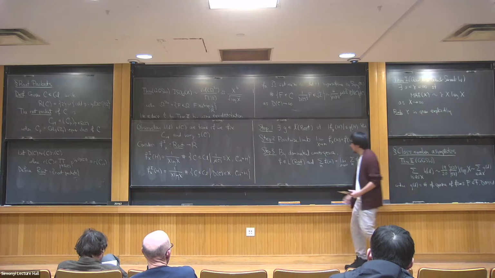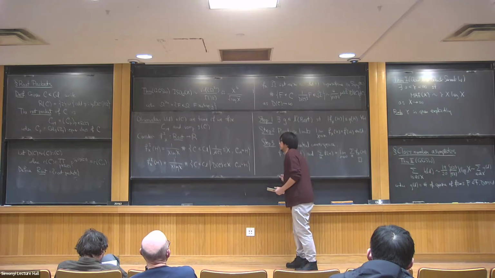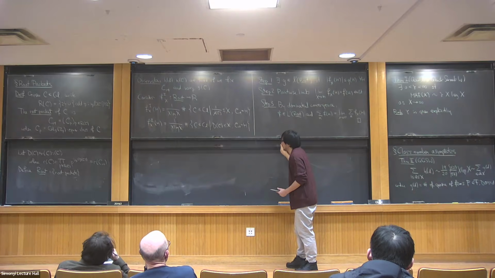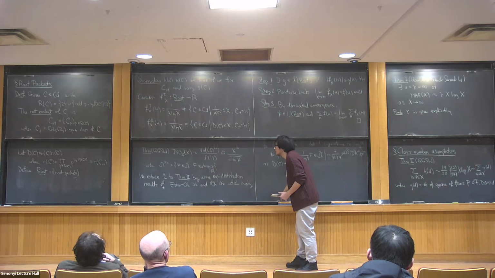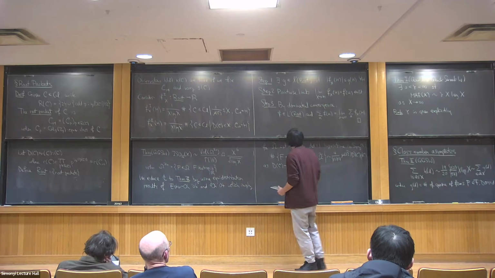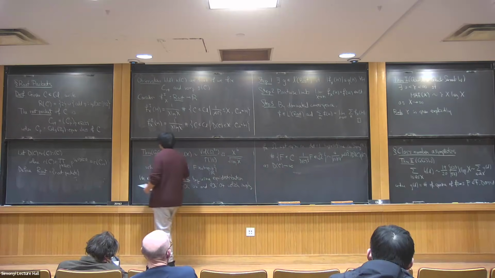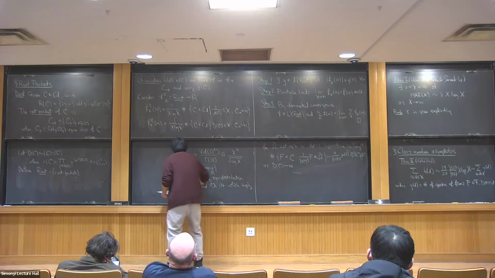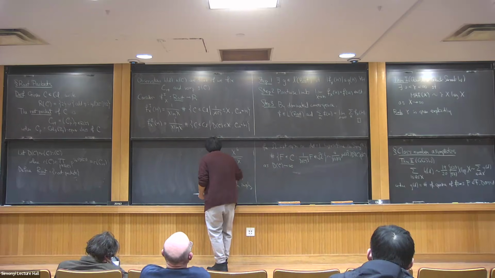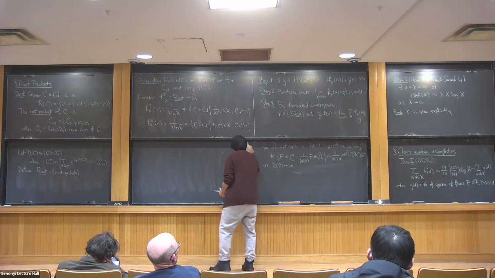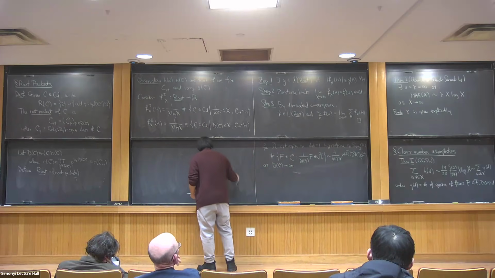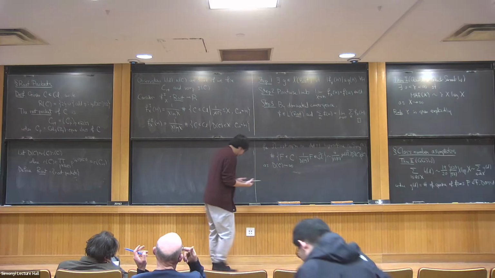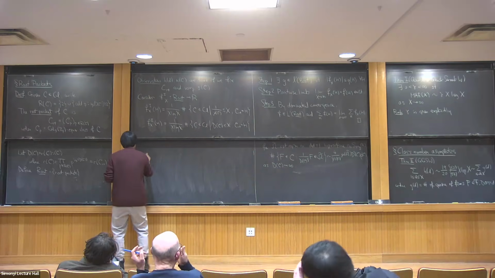So I want to say a few words about these steps 1 and 2. For the class number asymptotics, these steps are relatively easy.